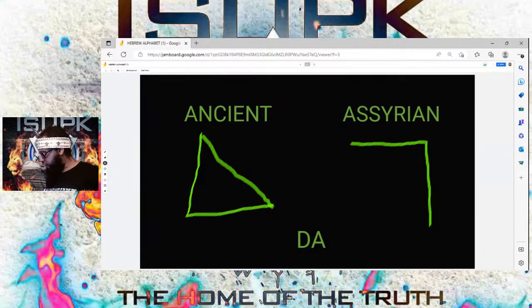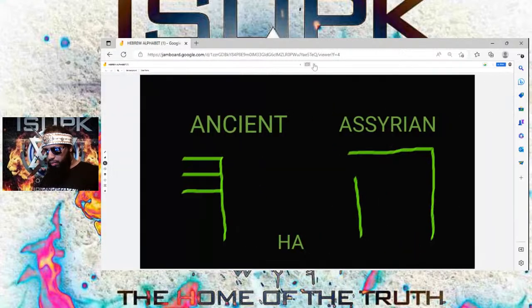You have your Da in the Syrian, then you have the Da in the ancient. Next is your Ha. You have your Ha in the Syrian, then you have your Ha in the ancient.